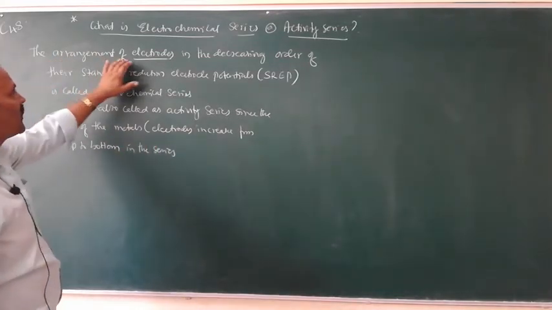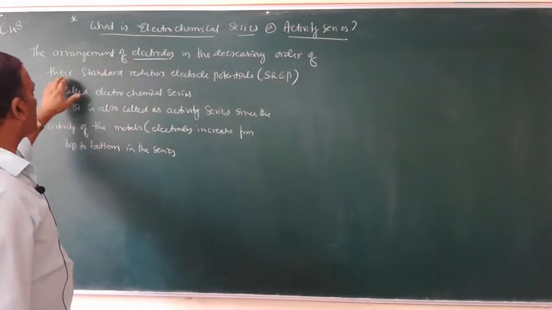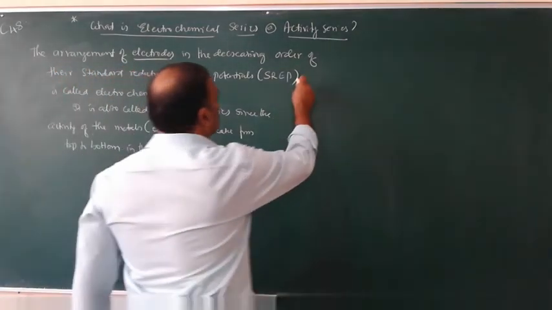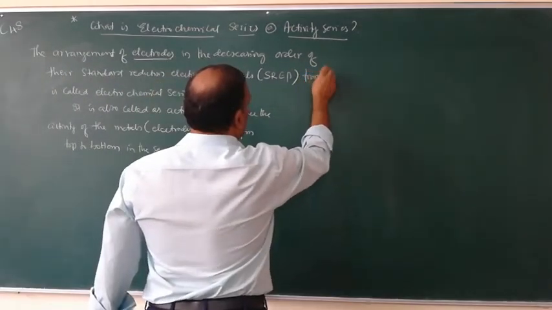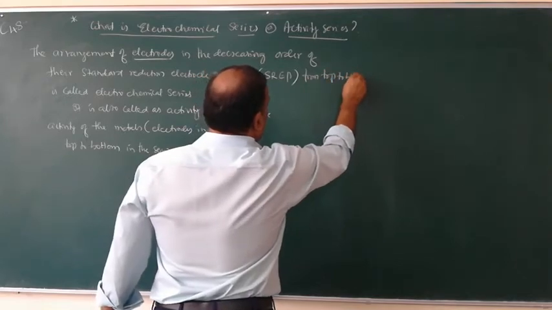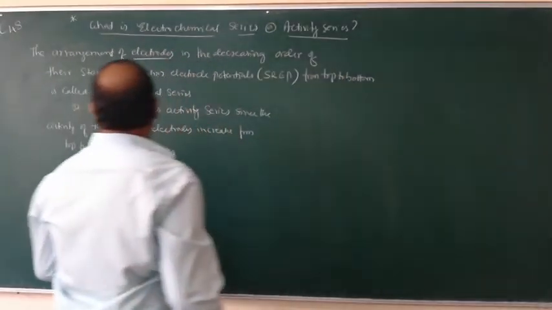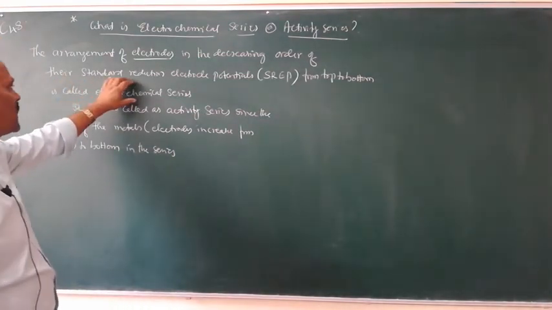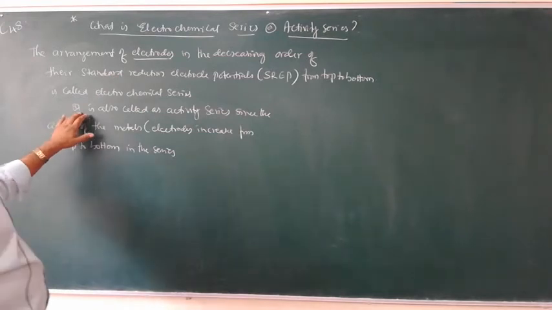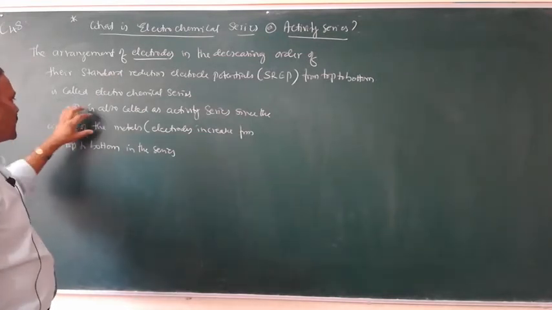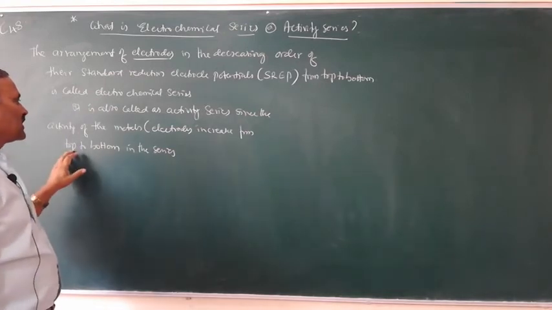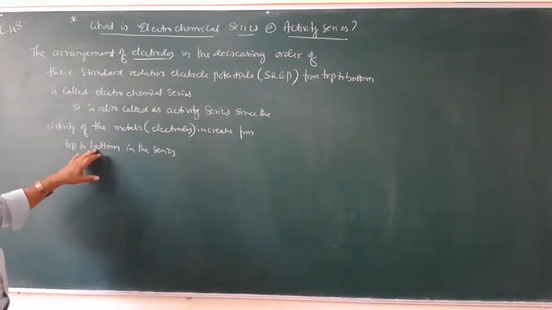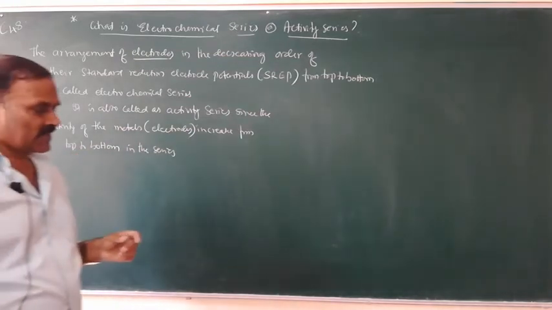To write down: the arrangement of electrodes in the decreasing order of their standard electrode potentials from top to bottom is called electrochemical series. It is also called as activity series since the activity of the metals increases from top to bottom in the series.